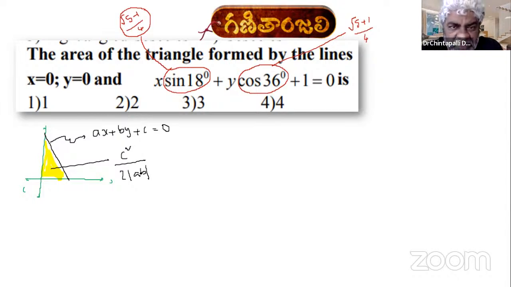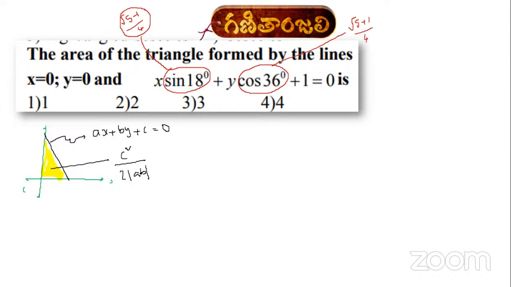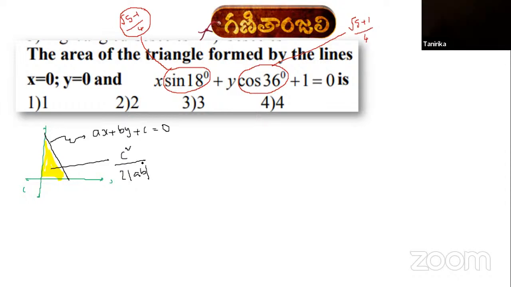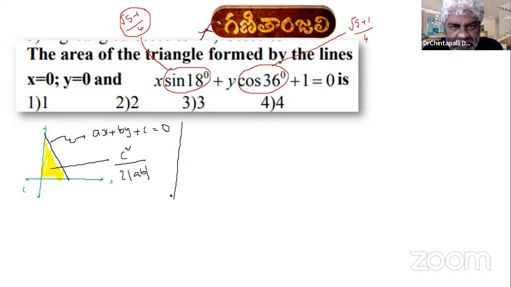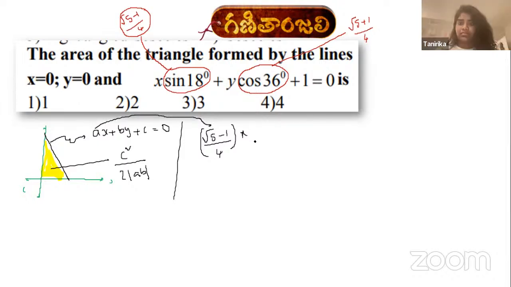What is the given equation? Sin 18 degrees is root 5 minus 1 by 4 into x. So what is a here? This is a. Next, what is b?